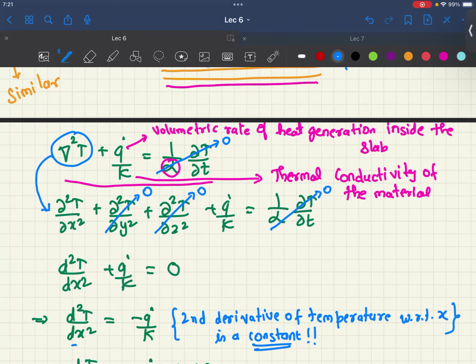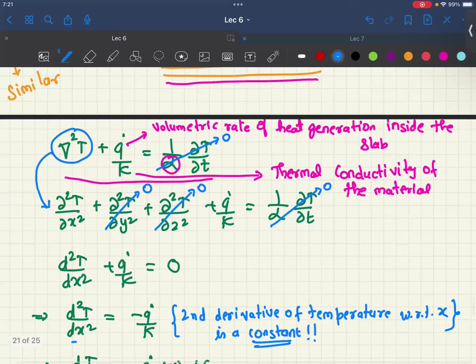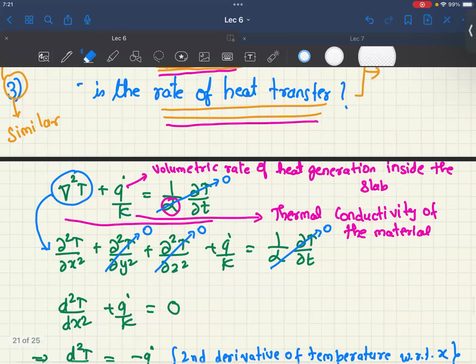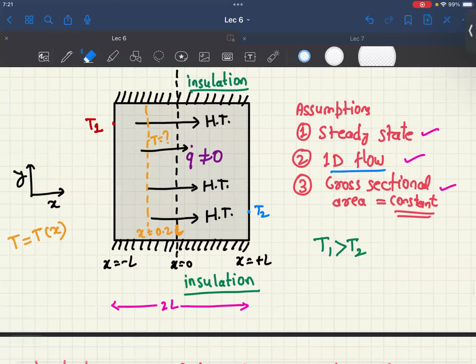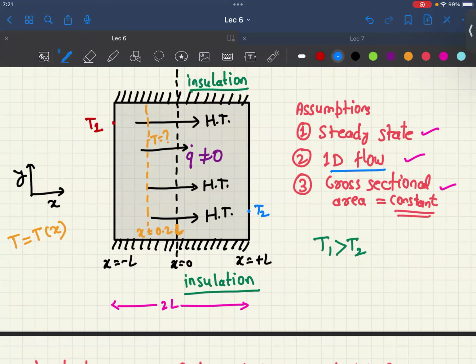So what do I mean by quadratic? When I say quadratic, that means there is going to be a maxima or minima associated with temperature. Let me write it. When we had a volumetric rate of heat generation equal to zero, then we got a linear profile like this, right?